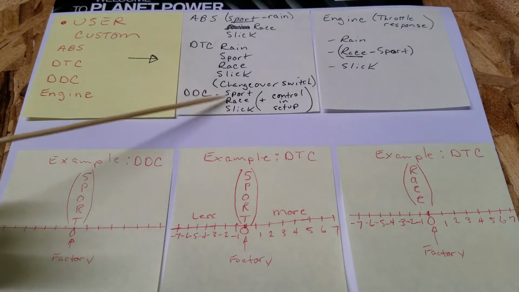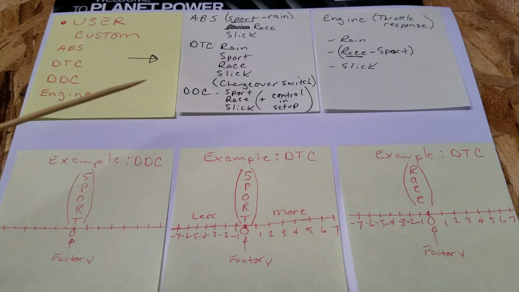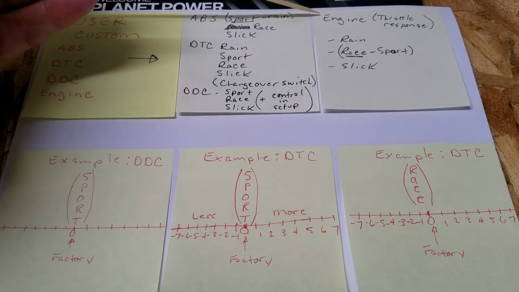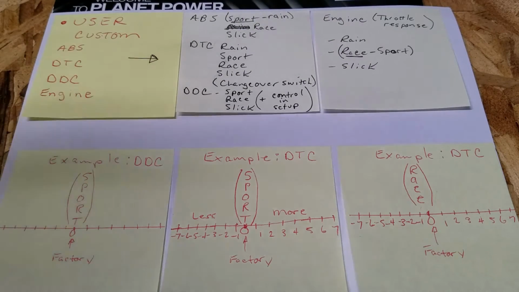So you have even more adjustability in the damping for your suspension. That's pretty cool. And with engine and ABS, you get what you get. You can set it in any one of those modes and you'll get that behavior.